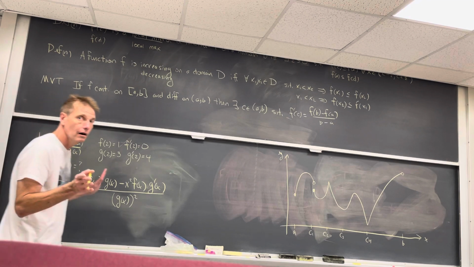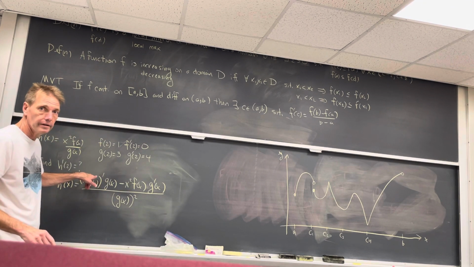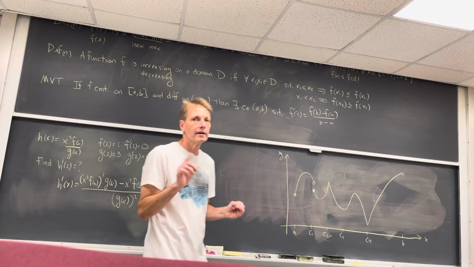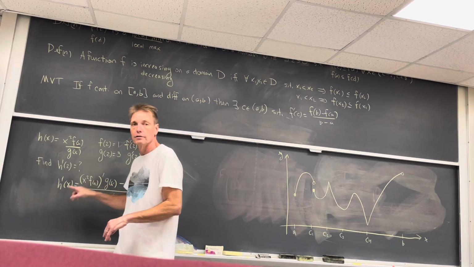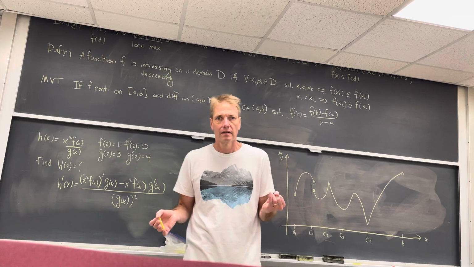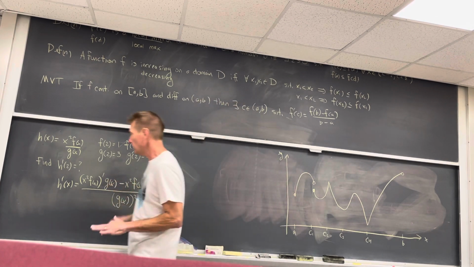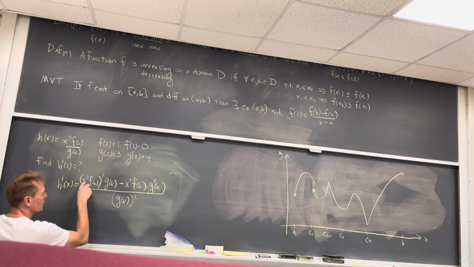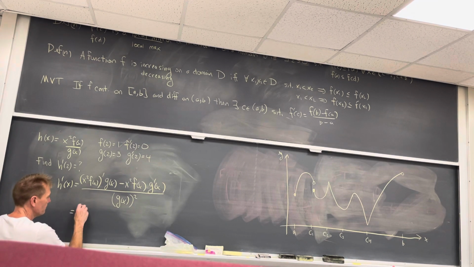Now notice I'm not done because I still need to take the derivative of the x squared times f of x. Now, Michael, what rule am I going to use if I'm going to take the derivative of x squared times f of x? And that's right, product rule. And so I'm going to do that down here. So it's going to be the derivative of x squared.